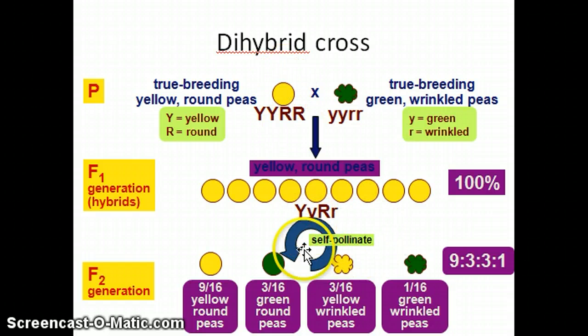And then in self-pollinating, instead of getting that 3:1 phenotypic ratio, we end up with a different one when we have a dihybrid cross. What we end up with is a 9:3:3:1 ratio. And that is just because we have a lot more varieties of ways to combine the gametes or alleles in our offspring.